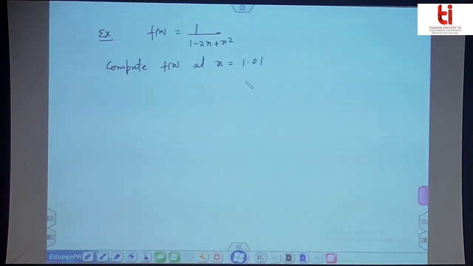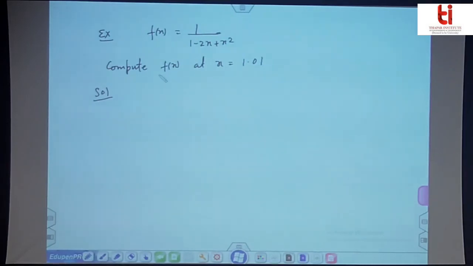Here, what we have to do, we have to compute the function value at 1.01. So first of all, we'll check whether the function is ill conditioned or well conditioned at the point 1.01. So what we do, we'll compute its condition number.